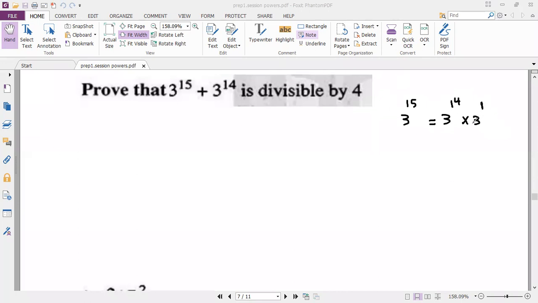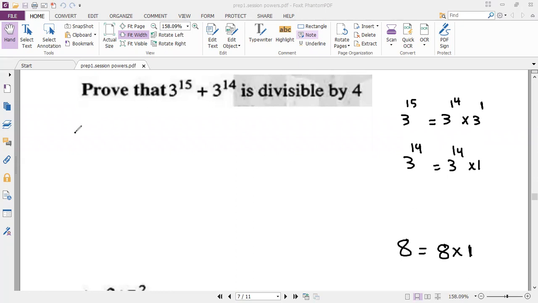When multiplying like bases, we write the base as it is and then add powers. 14 plus 1 is 15. And also 3 to the power of 14, we can write it as 3 to the power of 14 multiplied by 1, like 8 is the same as 8 multiplied by 1, because 1 is the multiplicative identity.